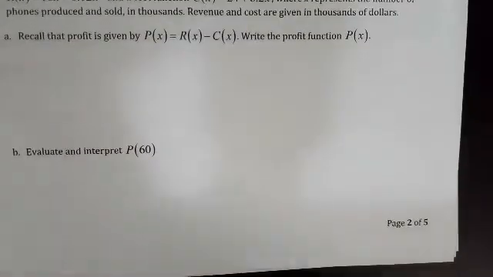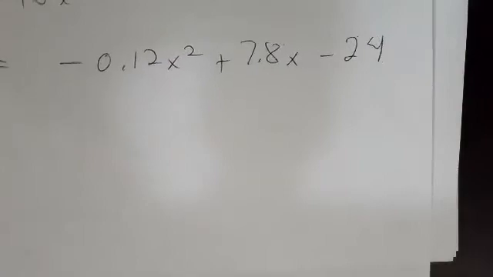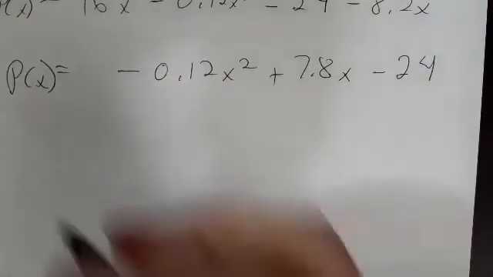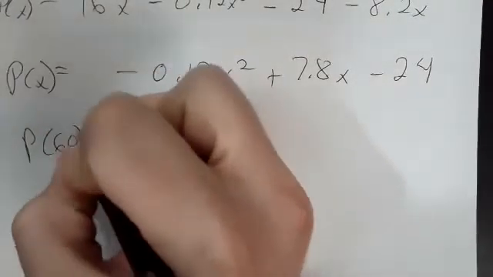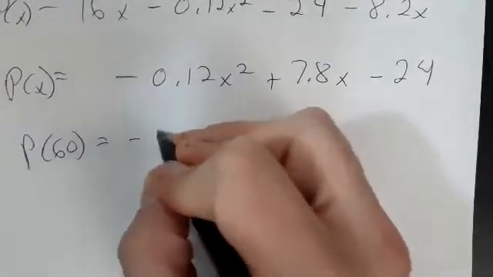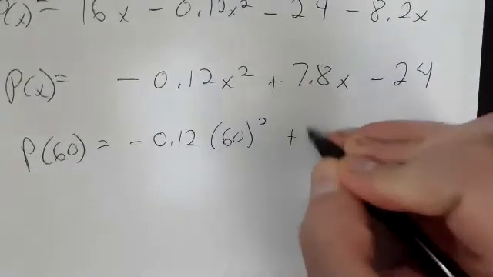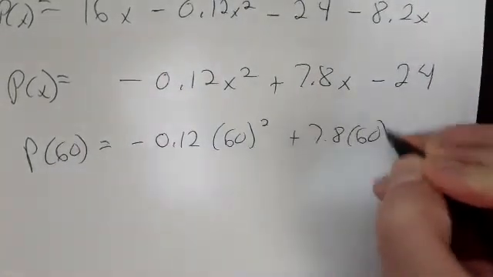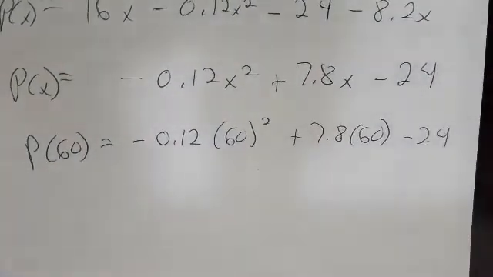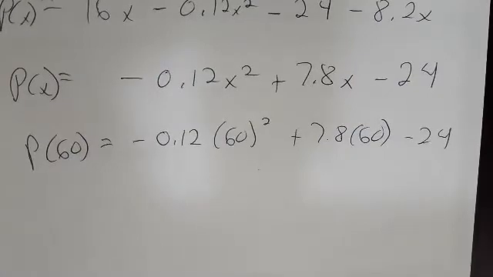And now they want us to evaluate and interpret this thing called P of 60. We've done stuff similar to this before, but P of 60 is going to plug 60 into my x. So I have to plug in 60 everywhere there's an x. So I've got to do what? 60 squared, and multiply it by 0.12.